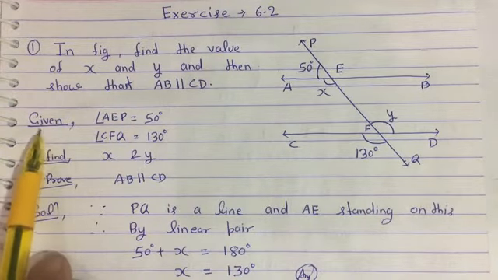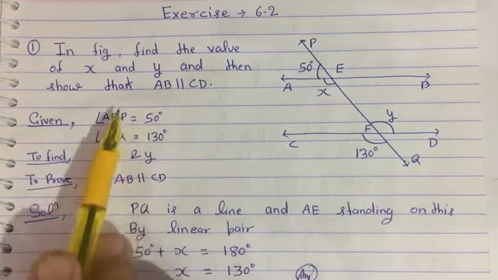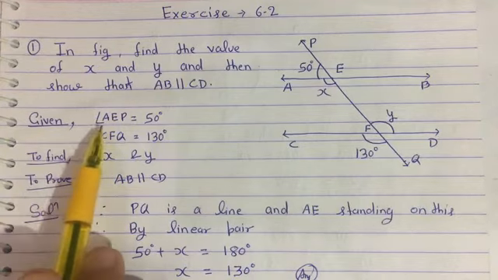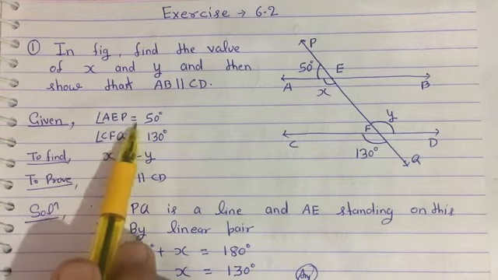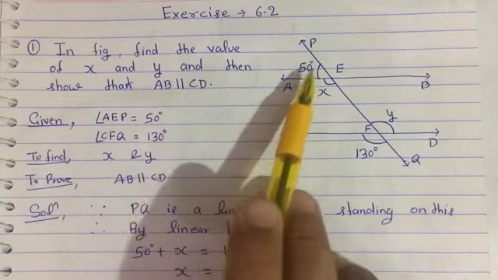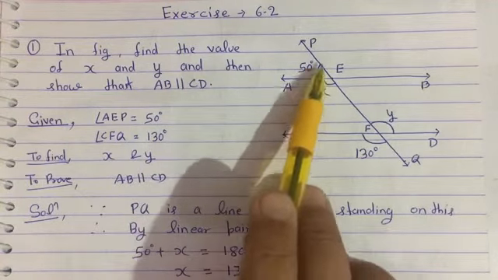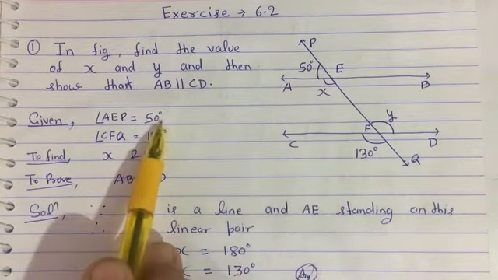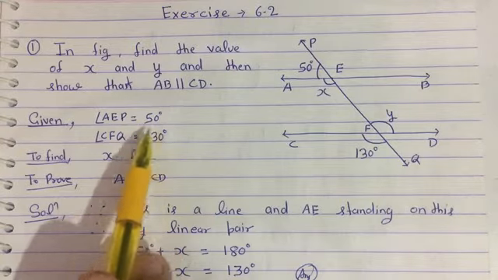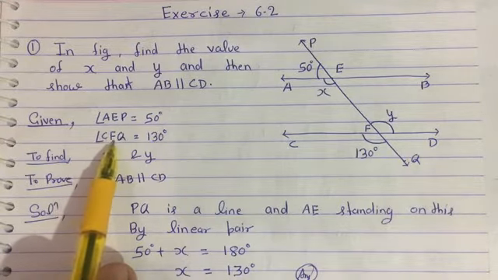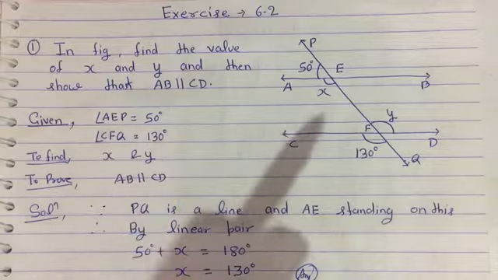Now we are going to write what things are given. First thing given, angle AEP is equal to 50 degree. Look here, angle AEP is equal to 50 degree, and angle CFQ, where is angle CFQ?